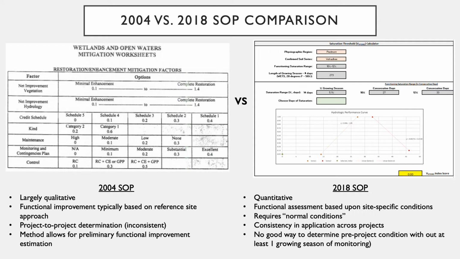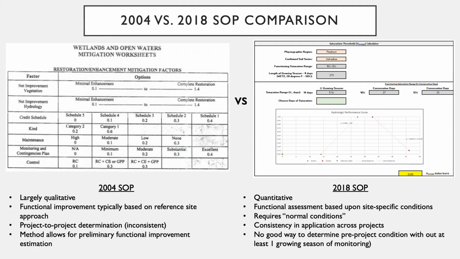In general, the 2004 SOP was largely qualitative and based on a reference site approach. The other factor was that a lot of project-to-project determinations were made and really were negotiated between the agencies and practitioners to land a particular project on this scale of improvement.